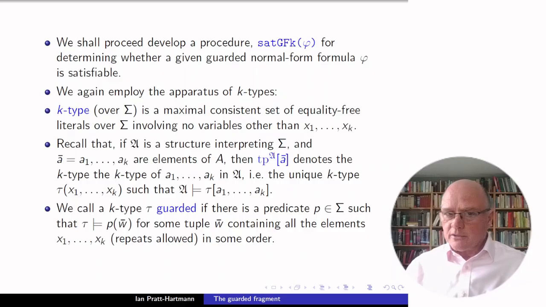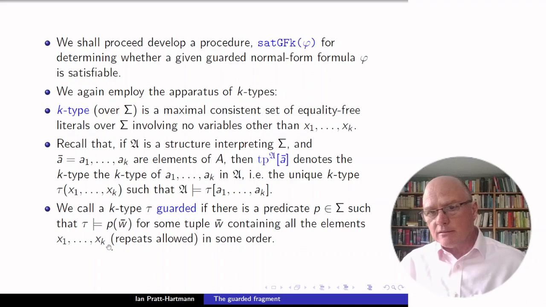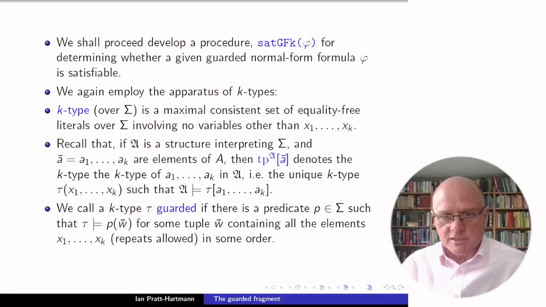So all I require for a type to be guarded is that there is some positive literal in that type whose arguments cover all of the variables x1 up to xk. Repeats allowed, any order. It just has to cover all of the variables. That's a guarded type.